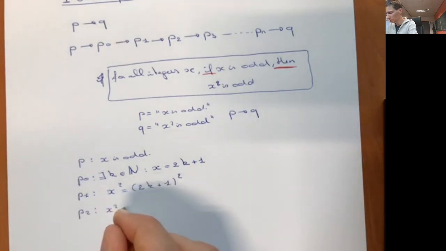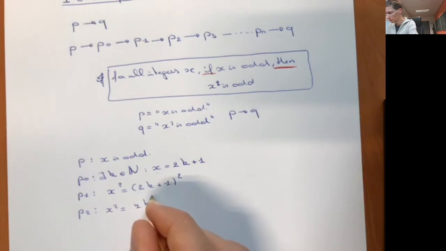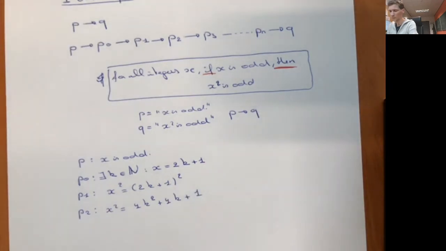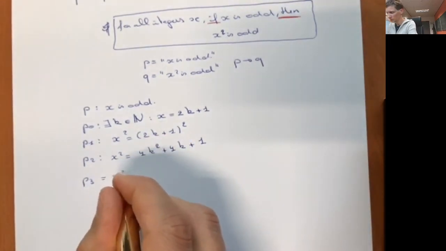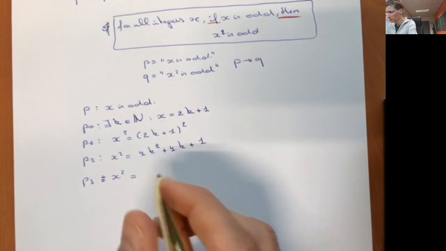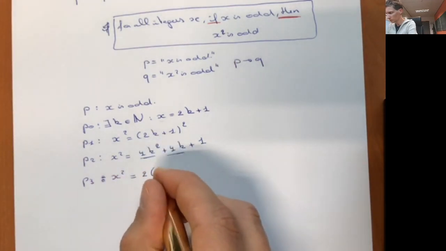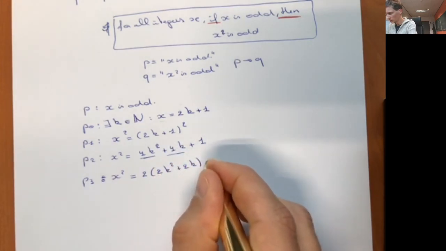So from this we can work out this square here. We have that x squared is equal to 4k squared plus 4k plus 1 squared, which is 1. And you see that we can write this as x squared is equal to, taking this term and this term together, 2 times (2k squared plus 2k) and then plus 1.